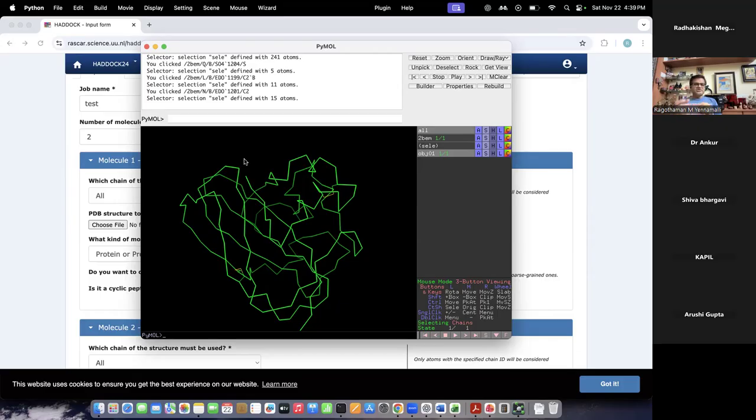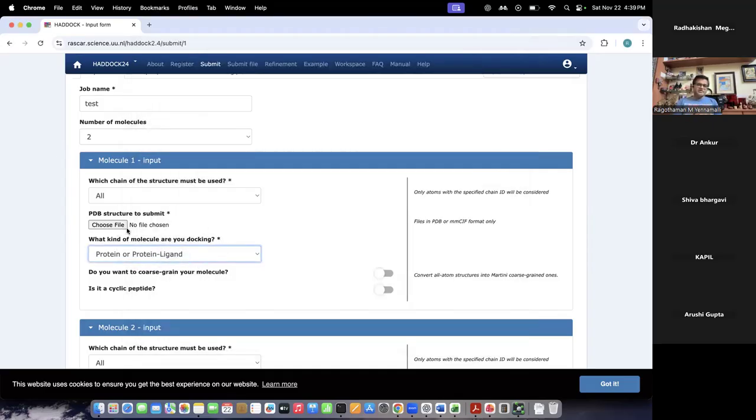You will be able to see something. The predicted conformation is the same as the crystal conformation at some point of time. So you have to ensure that you know everything about that particular receptor before you prepare the receptor file for docking. So once you have that, then you can upload it to either AutoDock or HADDOCK in this particular instance.